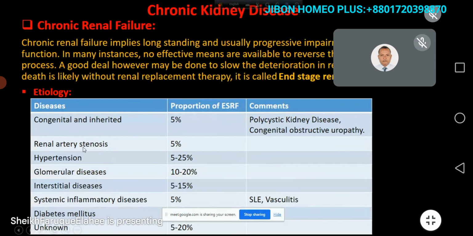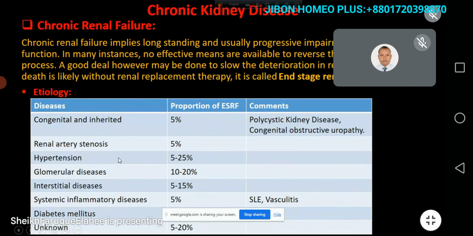But if there is bilateral renal artery stenosis, there will be chronic renal disease and renal failure, and the patient will die unless they reverse the condition. So this is 5%. Now we come to hypertension and diabetes.